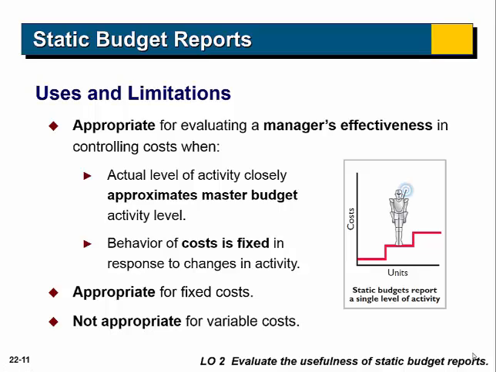We do have some uses and limitations when we are looking at our budget reports. They are appropriate for helping us to evaluate a manager's effectiveness in controlling cost. You're going to see that we're going to call this controllability, what a manager has the ability to manage.